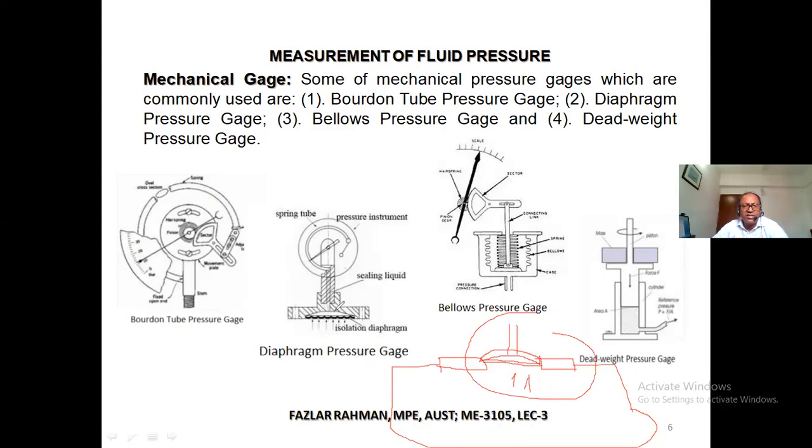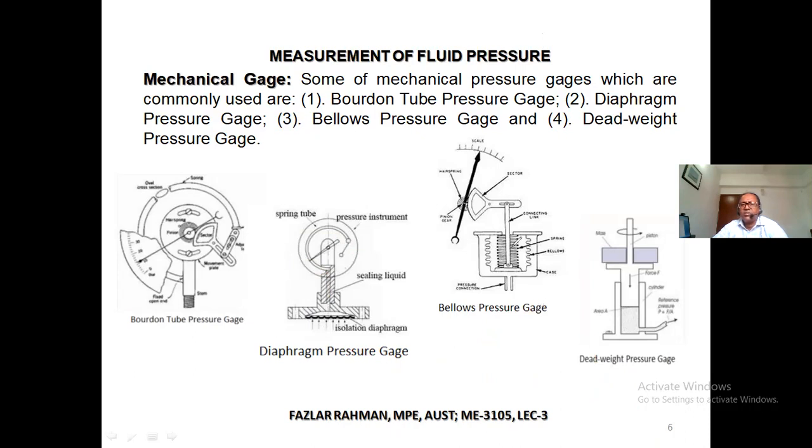So here is the diaphragm, and you see it right over here. Due to the pressure, the movement of the diaphragm goes through this material, the vertical thing, then finally goes to the pointer and the reading. Then this is a bellows pressure gauge.